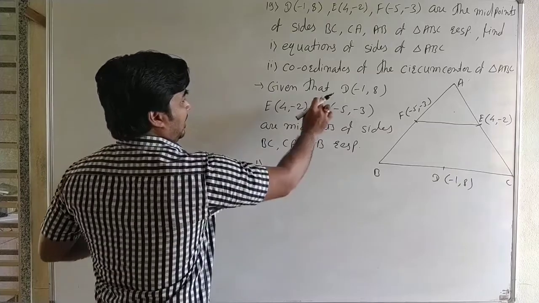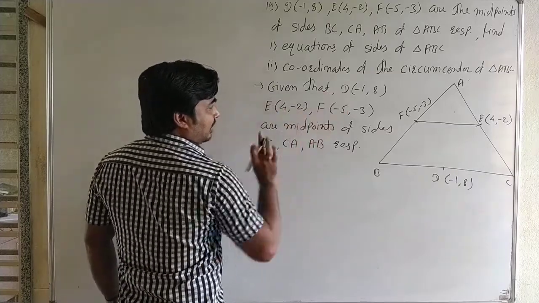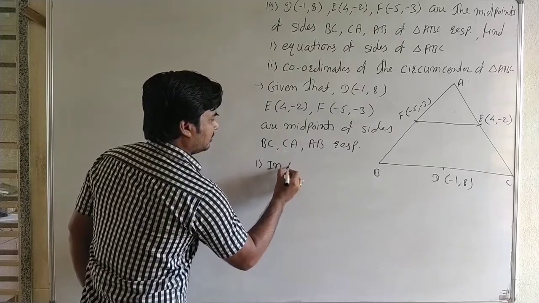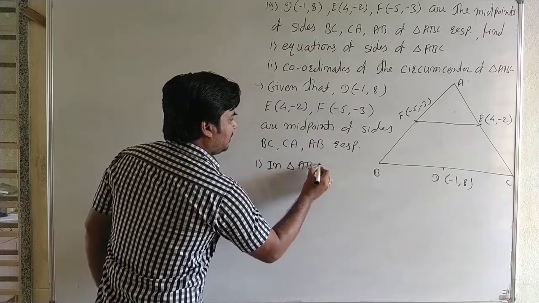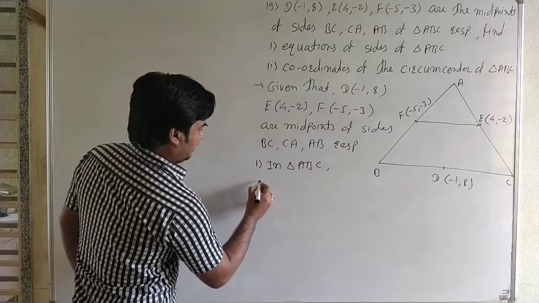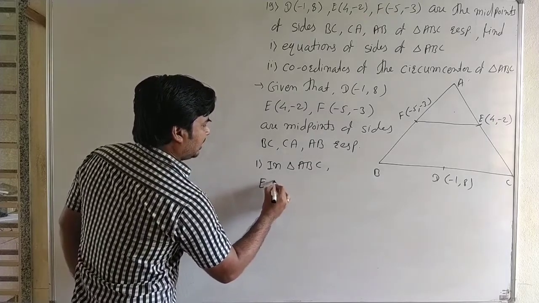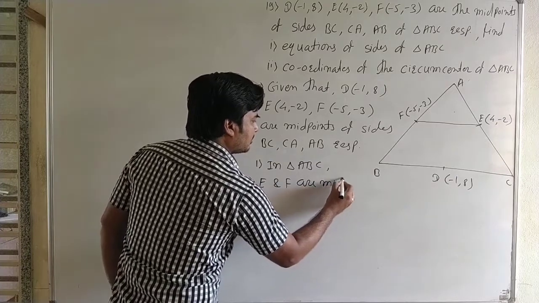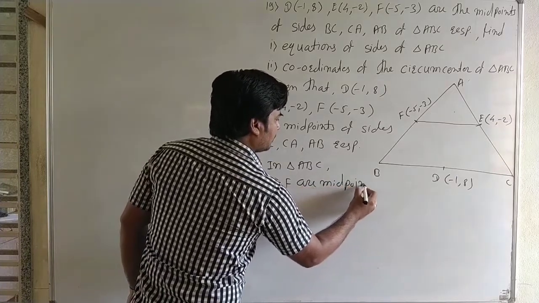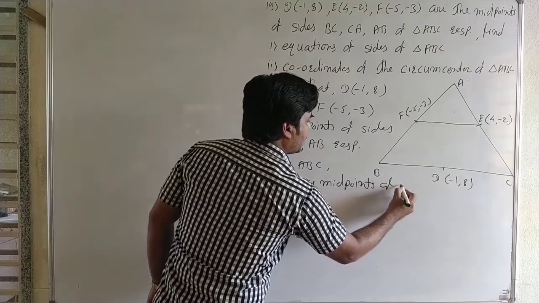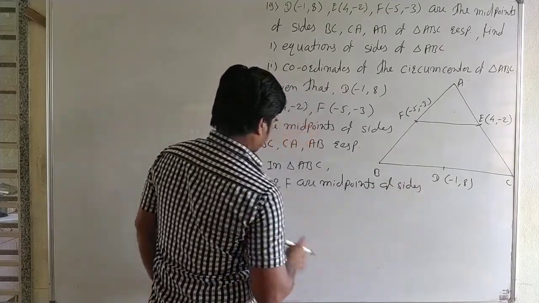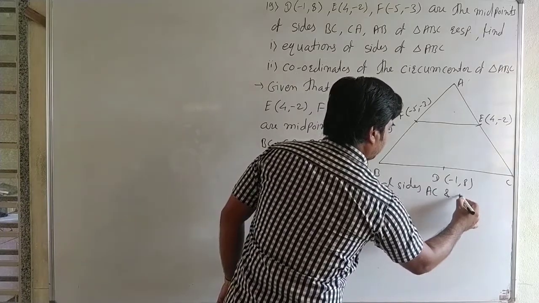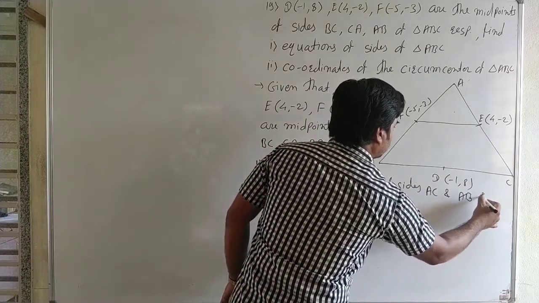Okay, here D, E, F are the midpoints. Here in triangle ABC, E and F are midpoints of sides AC and AB respectively.